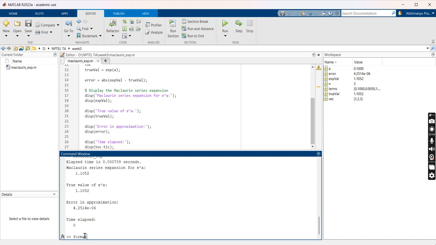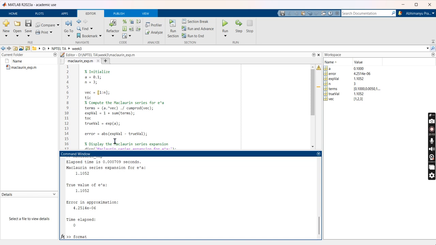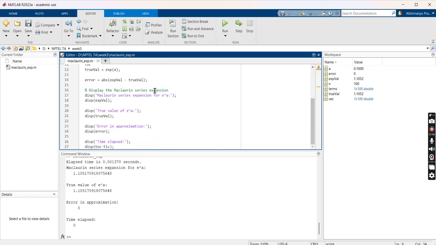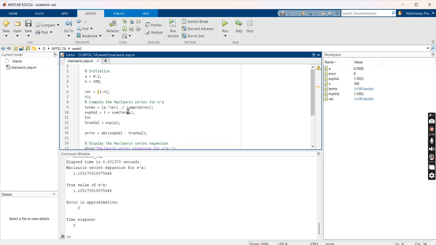It shows 0 seconds because the calculations are happening very fast because the function is very simple. It's still 0 seconds. If I increase the number of terms to 100, it's still 0 seconds because this is a very simple function.